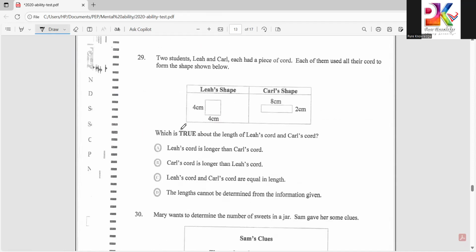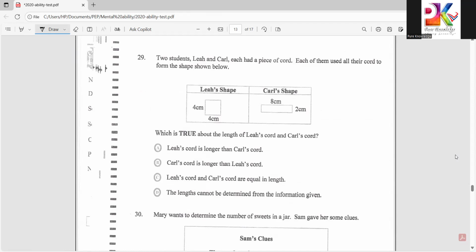All right? 29. Two students, Leah and Carl, each had a piece of card. Each of them used all their card to form the shape shown below. So this is Leah's shape, this is Carl's shape. Which is true about the length of Leah's card and Carl's card?